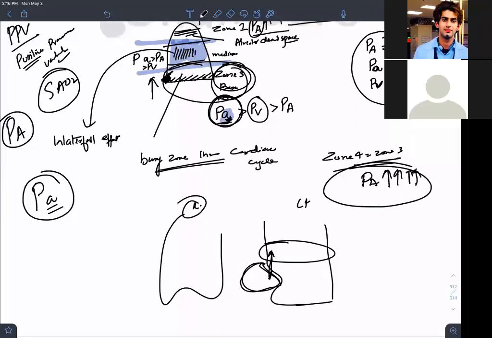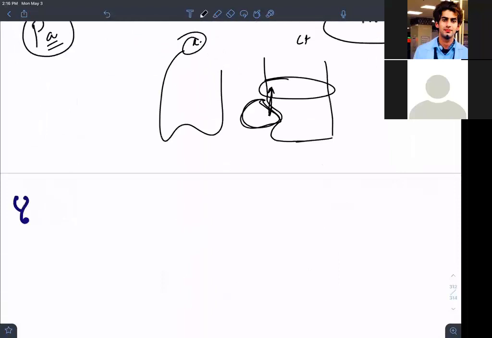There is no auto-regulation in the lungs. But who will say that more blood is coming? It is the right ventricle. The right ventricular cardiac output will define how much pulmonary circulation should go.